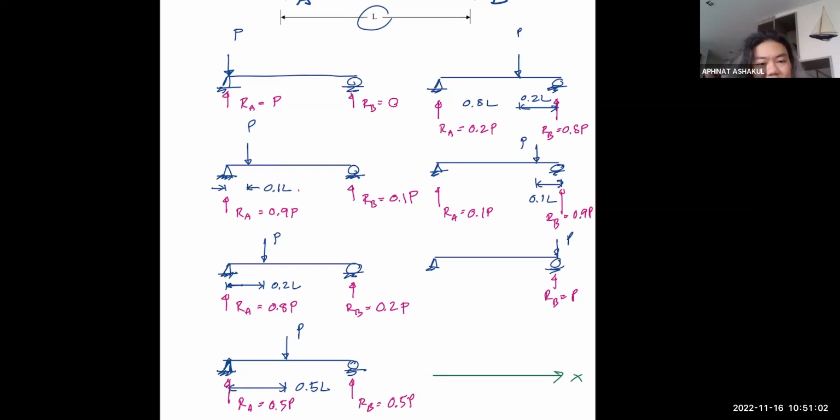Now X is the location of the load. Y becomes the size or the magnitude of your reaction at A alone.